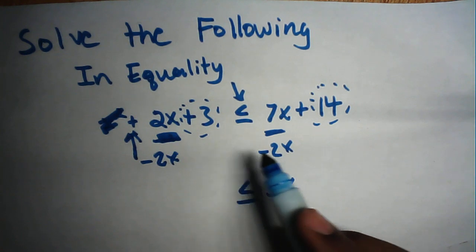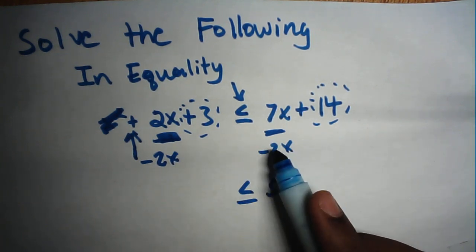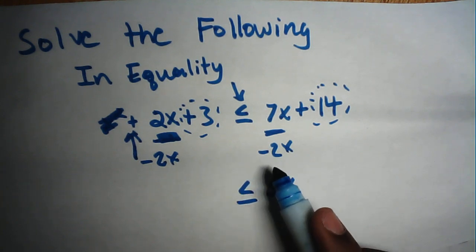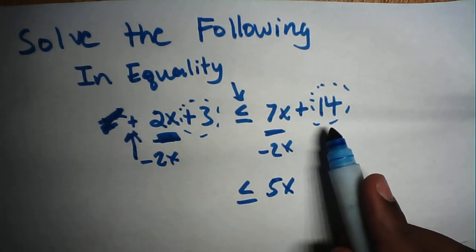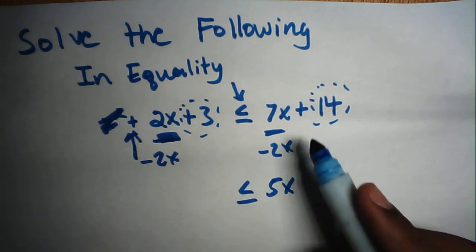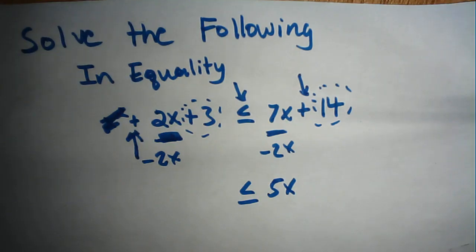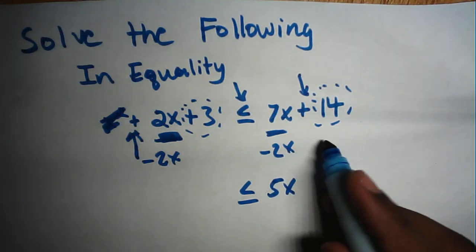Now I already moved the x's over to that side, right? I want both of the x's over there, so I need the numbers on the opposite side. So now how do I move this 14 over here? This 14 is a plus 14, the sign in front of it is plus. Therefore, to move it, I have to minus 14.